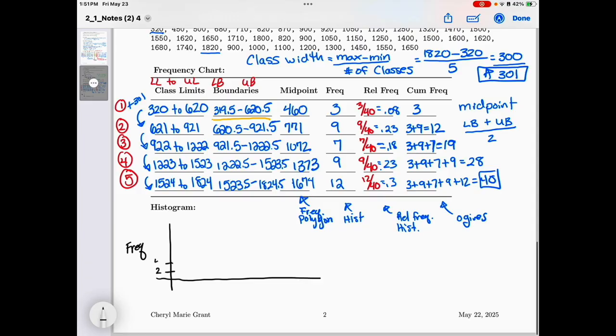I'm going to scale it by 2s, 2, 4, 6, 8, 10, 12, 14, 16. All right, now on the x-axis, we're going to label what the data represents, which is step counts. It's daily step counts.